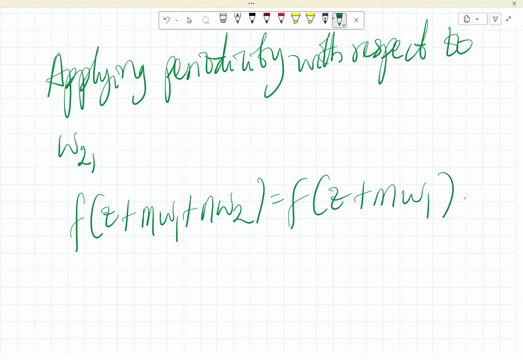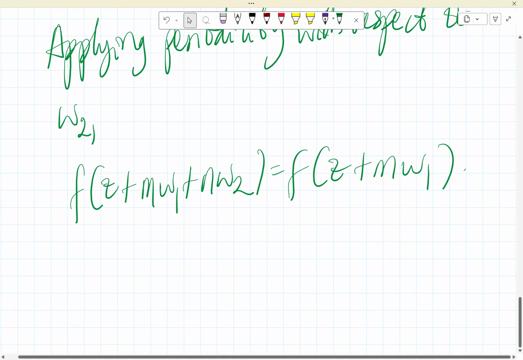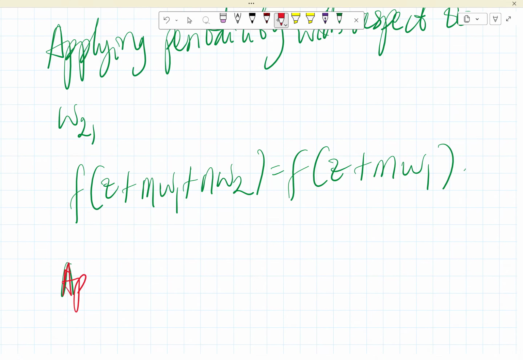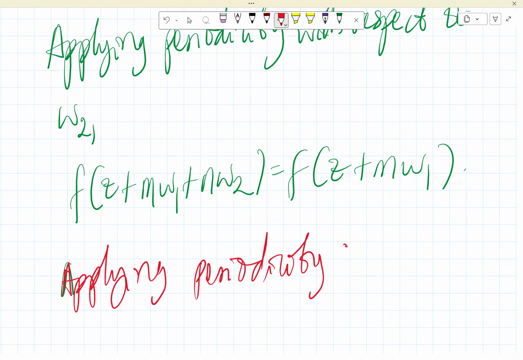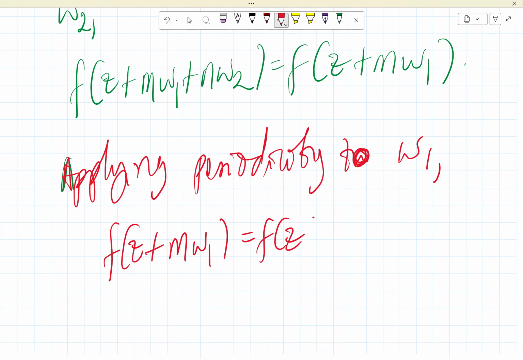Then applying periodicity to omega 1, we have f of z plus m omega 1 equals f of z.